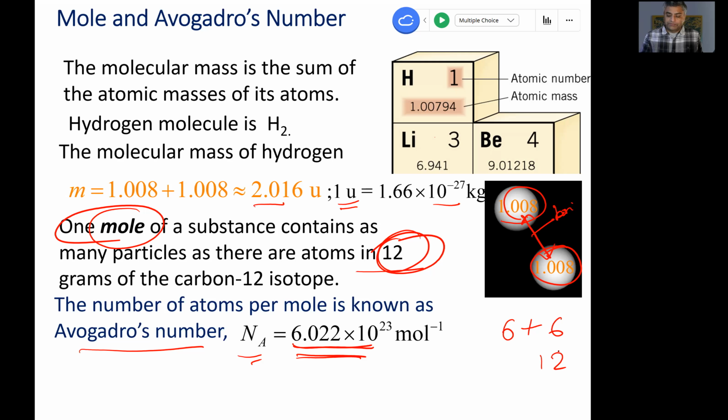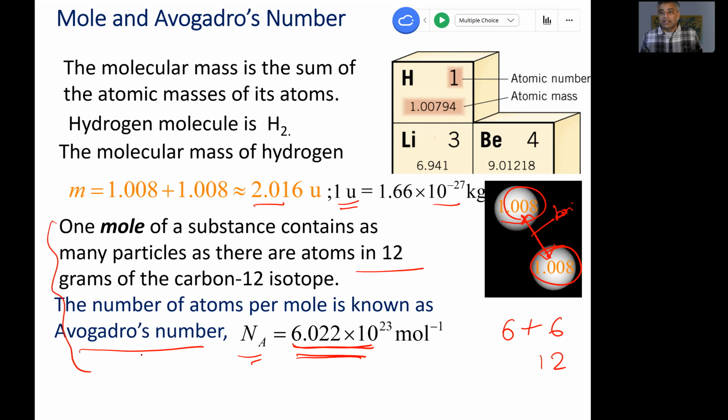Now, if the entities, for example atoms or molecules, are smaller, then 1 mole of that thing is going to be less massive than the other thing. You need to keep that in mind. So that's what 1 mole means.